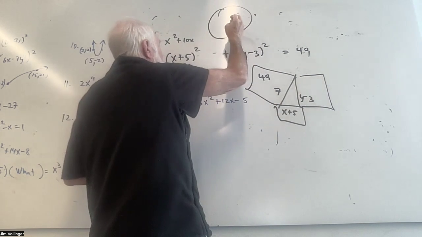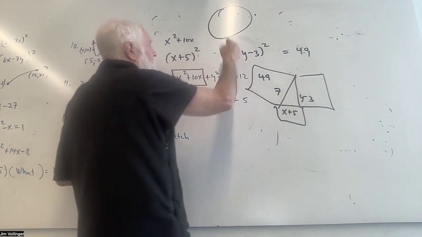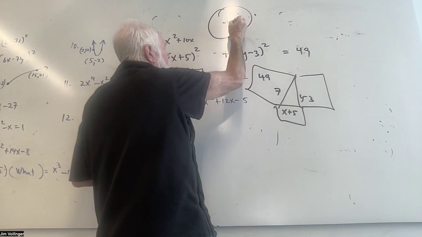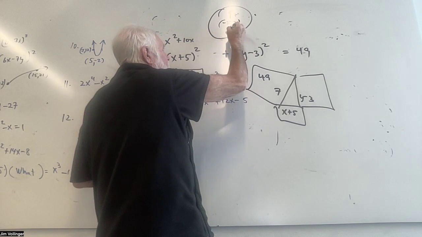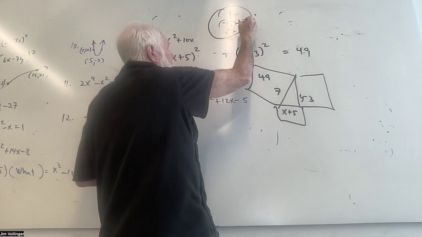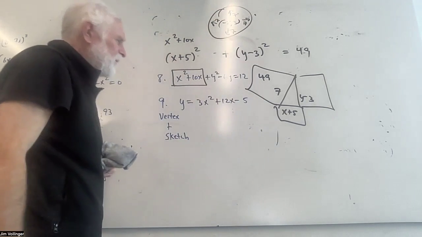We get that rotation, and the center is, where did I write it? Negative 5, 3. And I'm going to go up 7, down 7, to the right 7, and to the left 7, and you can find coordinates pretty easily.